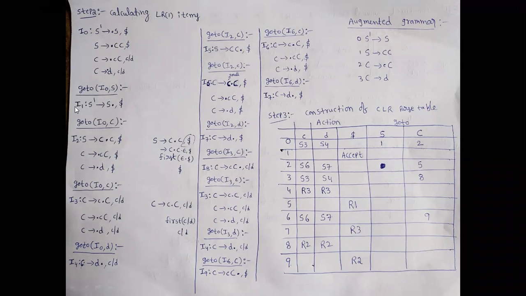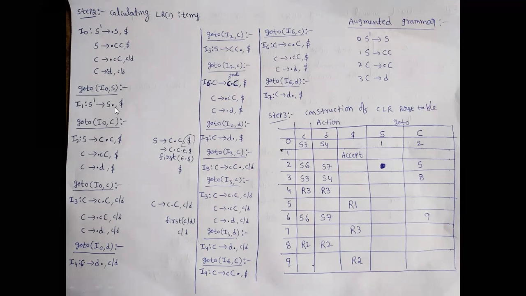Okay, so in this first row we are having the final item. Then we are placing dollar. So dollar is the look ahead. Then in the place of dollar in the first row we are placing accept.